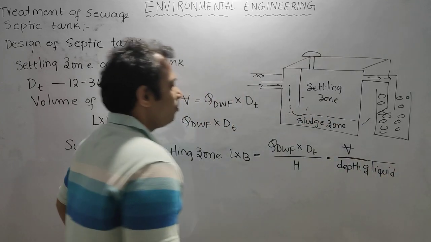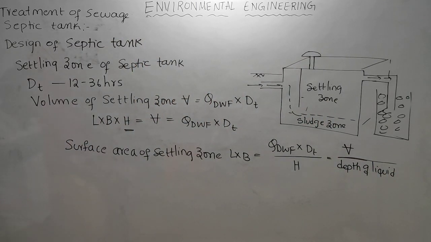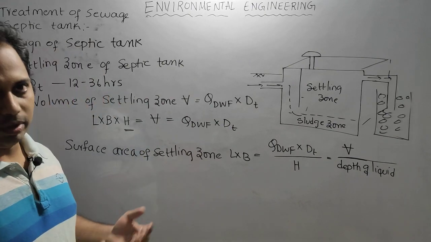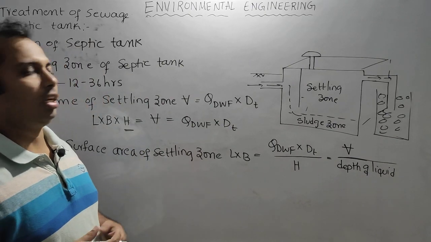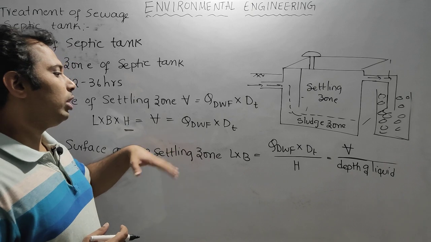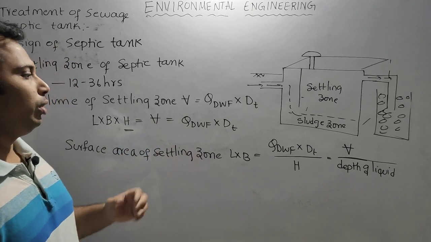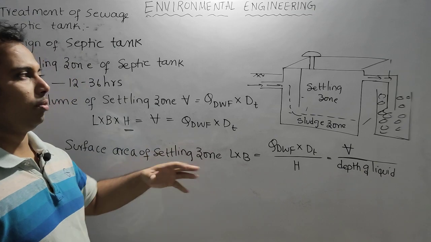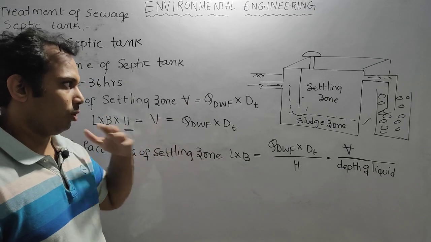That is the surface area of the settling zone. So this is the design of the settling zone. Design means getting the dimensions. So we know the surface area, and we can assume a suitable length and suitable width for this settling zone.